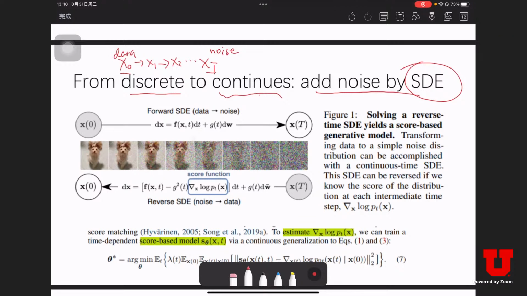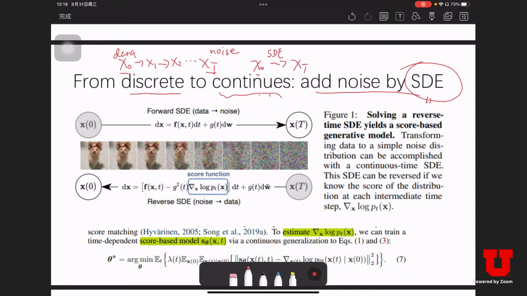You have to set the steps 1, 2, 3, 4, up to t. Continuous means we don't have to set the steps, but just continuously transfer from x0 to xt. And the model we use is the SDE, the stochastic differential equation. So it's a generalized model for this.